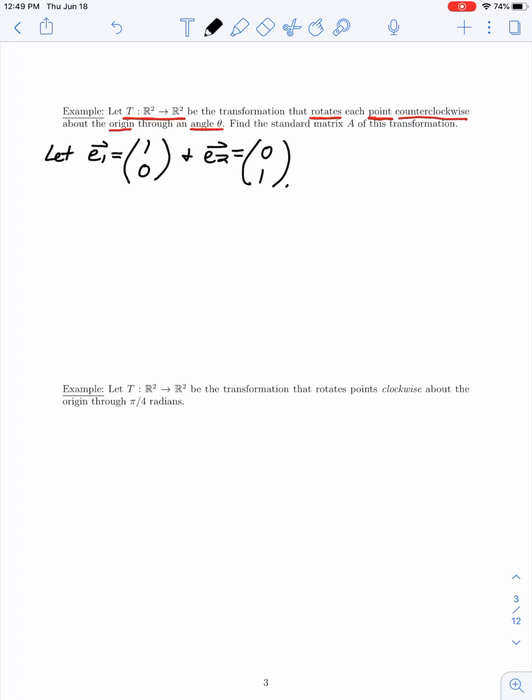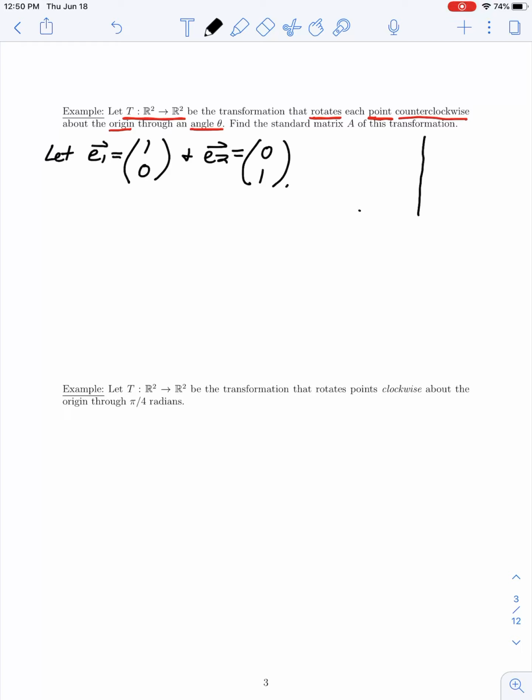Those are the first two columns of the 2 by 2 identity matrix. And we need to be able to find the images of these vectors under this transformation. Now here we're given sort of a geometric description of what this transformation is doing. So let's see if we can use that to find the images of these two vectors.